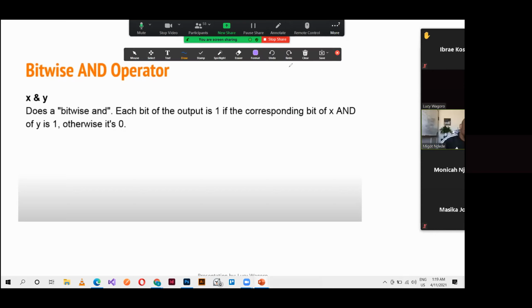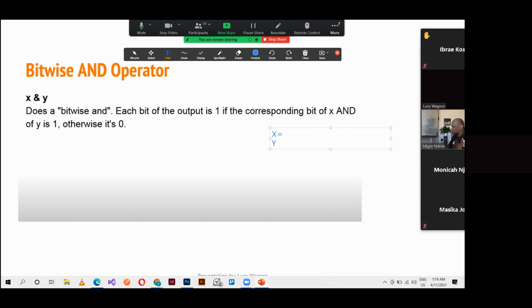I'll bring my annotation so that that gets home. So if I have X and I have Y, each bit of the output is 1 only if the corresponding bit of X and bit of Y is a 1. Otherwise, it's a 0.